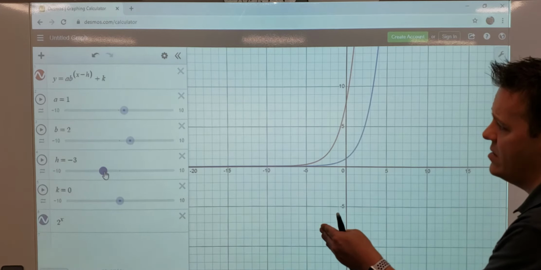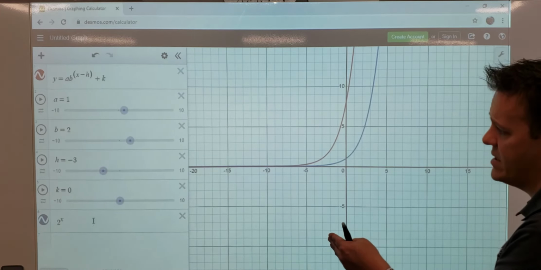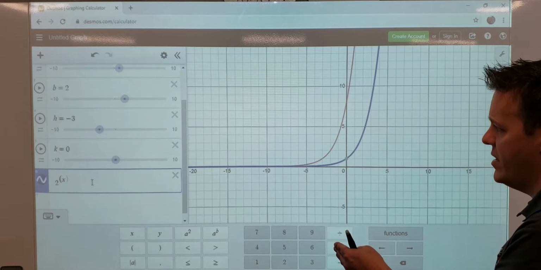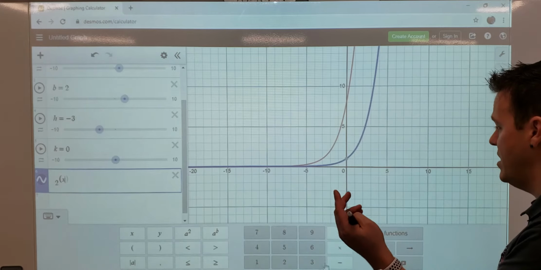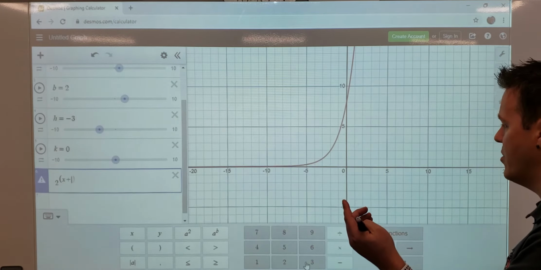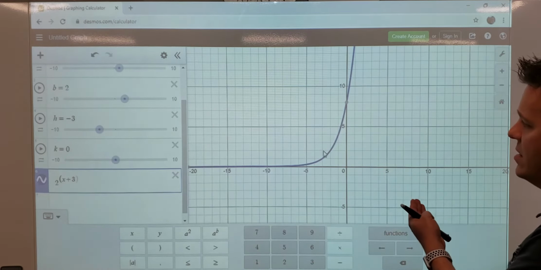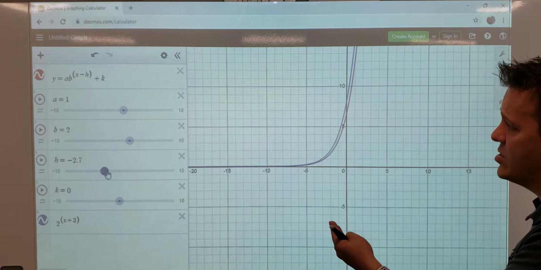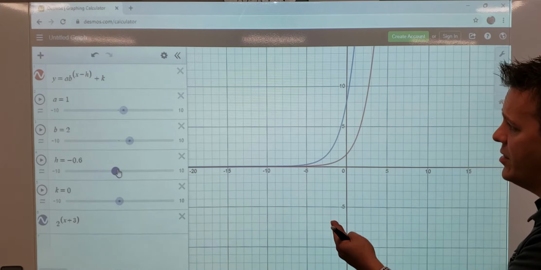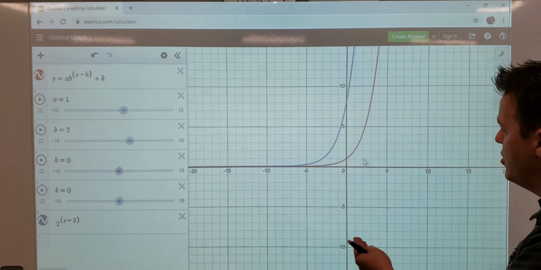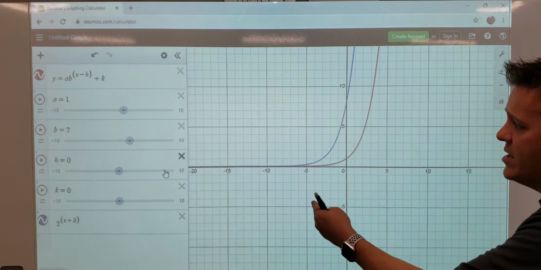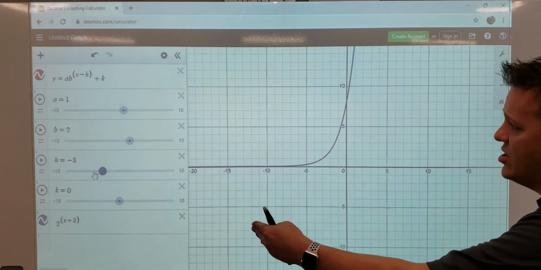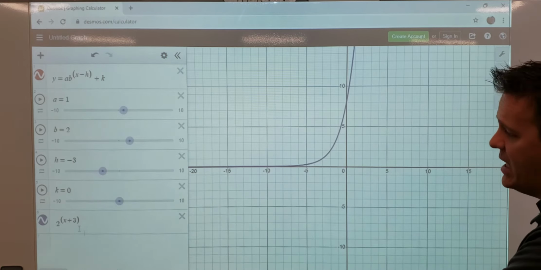Now, if I decided in here to basically do the graph itself, and on the top value here, if I put a bracket around this, and then put what it was in the equation, which is plus 3, look what it does. It actually shifts it to the left. And so if I return this back to the original 0 function, you would see, ladies and gentlemen, that the blue is shifted left. So hopefully you guys understand, when you're shifting it to the left, you can see that it's actually a negative number, even though it's positive in the answer.